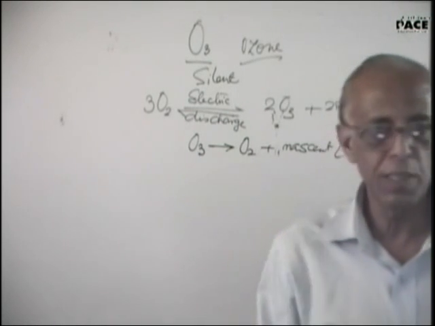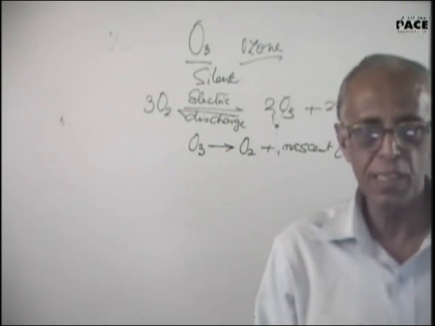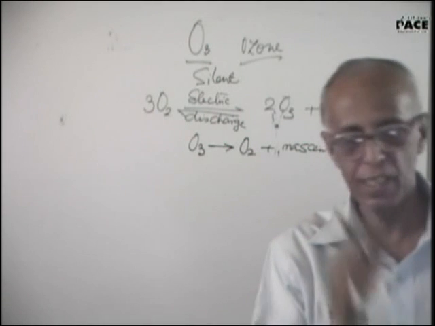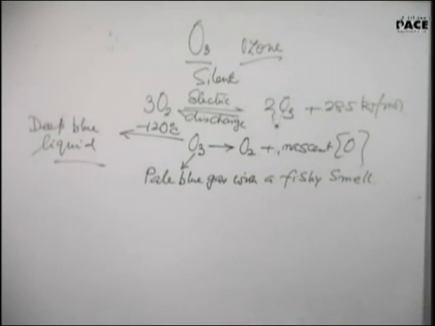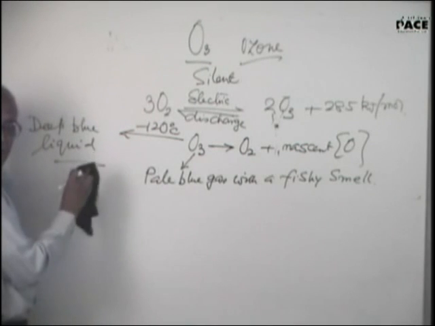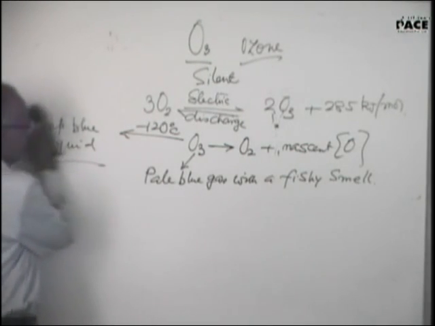And the nascent oxygen will oxidize the reactant. Ozone at room temperature is a pale blue gas, but when it condenses at minus 120 degrees, it converts into a deep blue liquid. Have you written this? Yes.